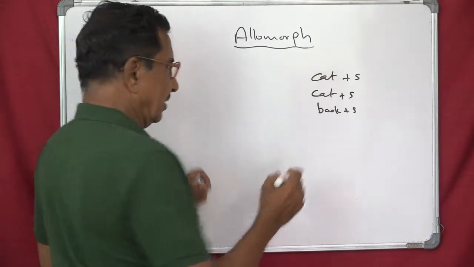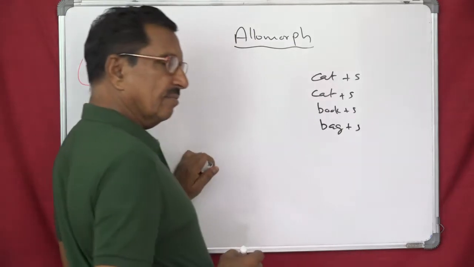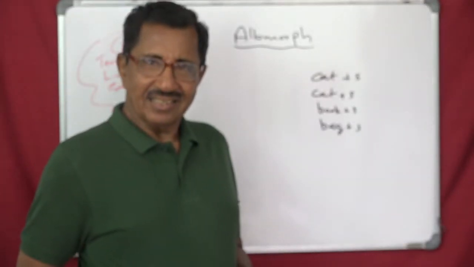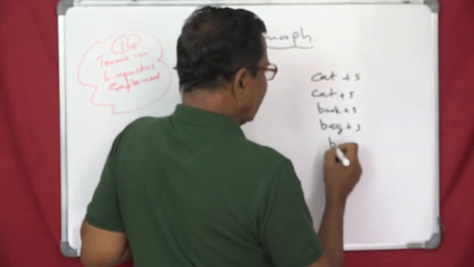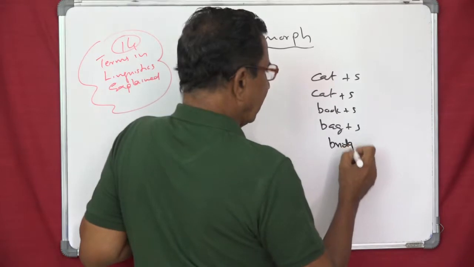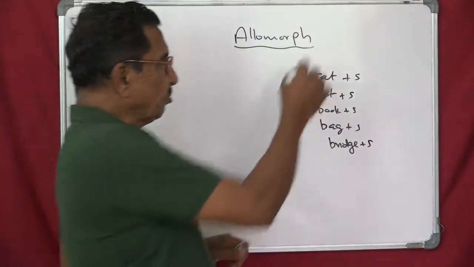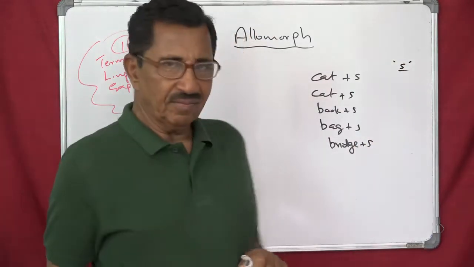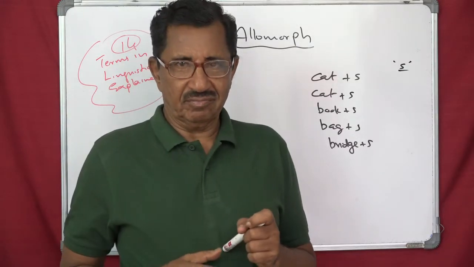Bag plus s, bags. Then you have another one, bridge plus s, bridges. So in spelling you have only one form, s, s, s. But they are realized in three different forms.